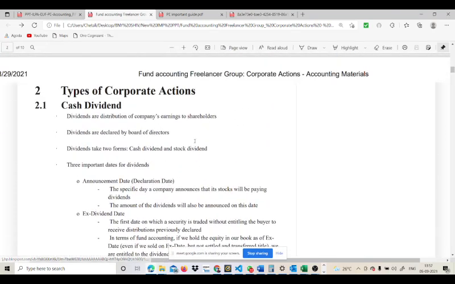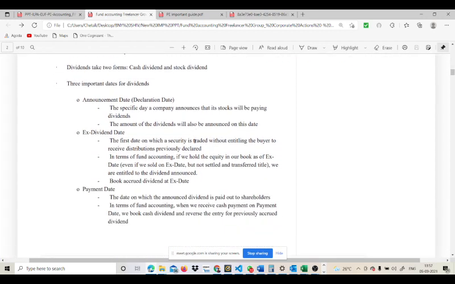So cash dividend, the cycle of a cash dividend is like, first of all it will be announced or declared in the annual general meeting or general meeting, then they will announce the ex-dividend date, the first date on which a security is traded without entitling the buyers to receive the distribution previously declared. You can read this information, whatever we have discussed, you can find the same content here as well.